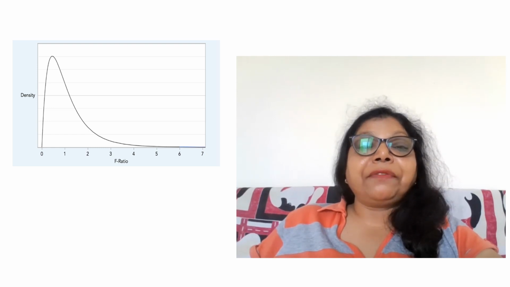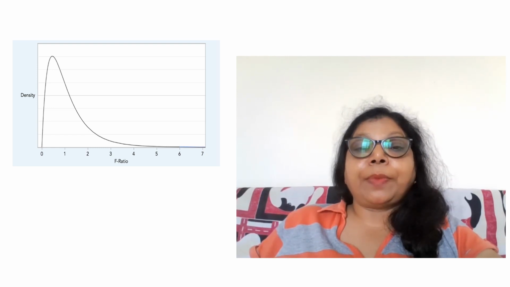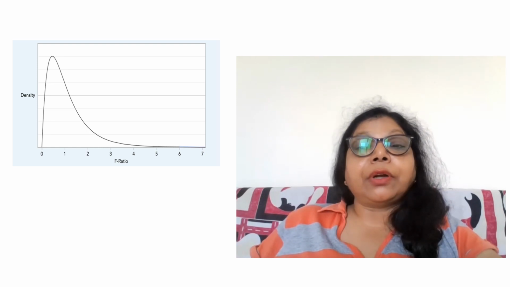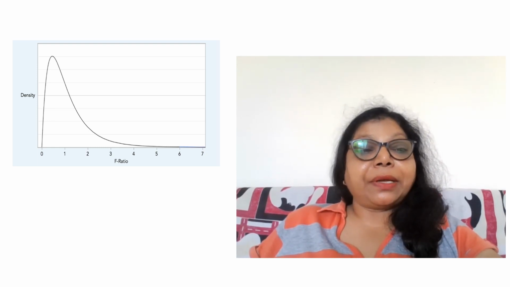F distributions have different shapes based on two parameters, which we call the numerator and denominator degrees of freedom. For an ANOVA test, the numerator is the MS factor, so the degrees of freedom are those associated with the MS factor. The denominator is the MS error, so the denominator degrees of freedom are those associated with the MS error.